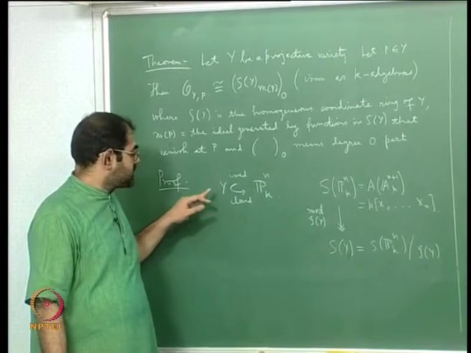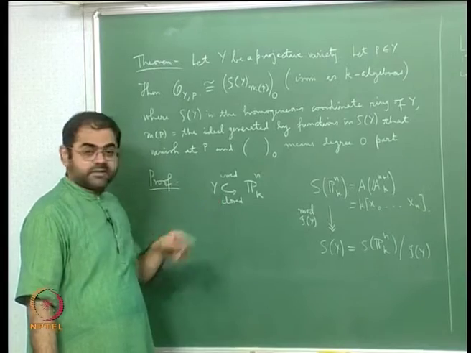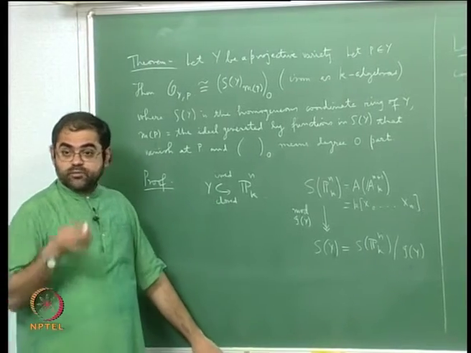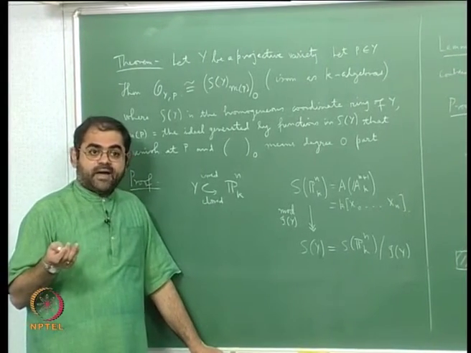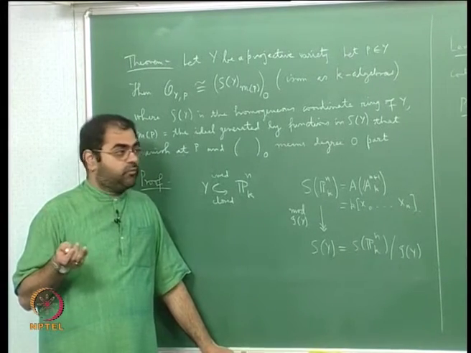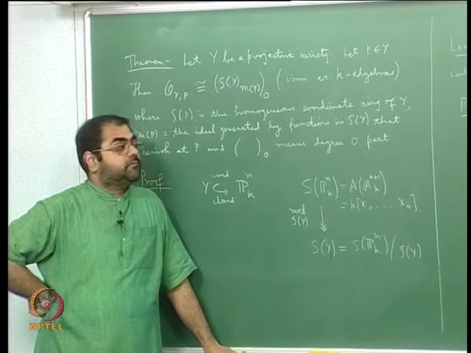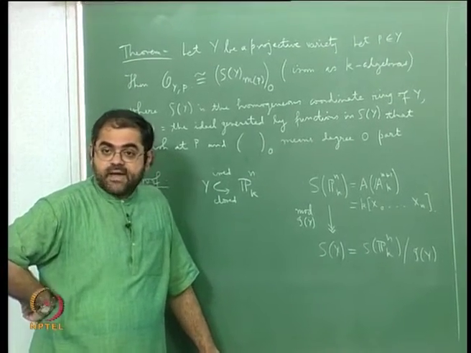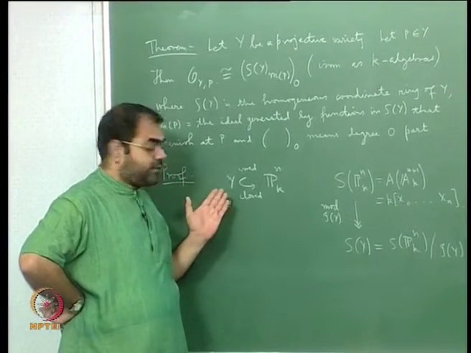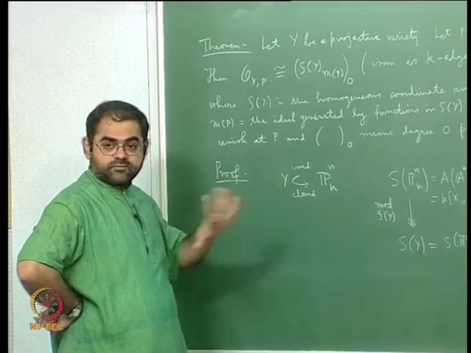Then we can just intersect, so p will lie in Y intersection U_i, but Y intersection U_i is an affine variety, and therefore by the previous theorem we know what the affine local ring is, and we also know that the local ring that we get will be the same as the local ring of Y at p. So this is what we are going to do.